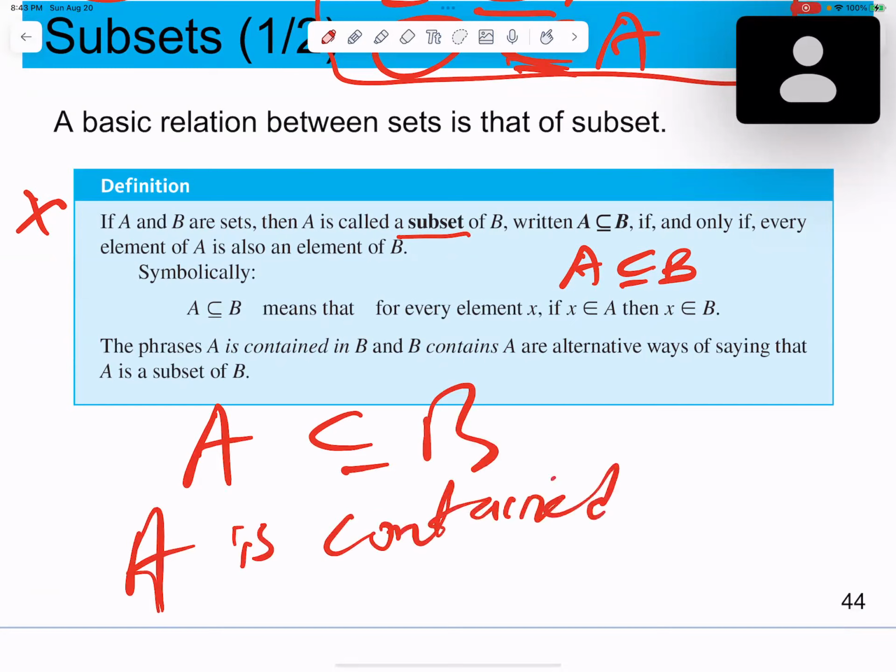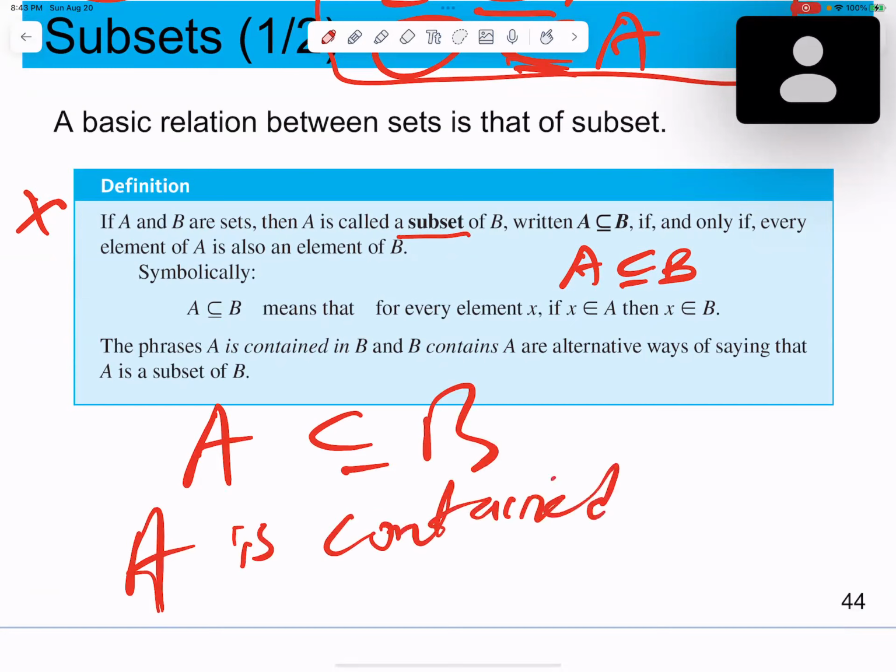Okay? So you can determine if B is a subset of A. So the answer is yes, because A here is bigger than B, right? So, wait, sorry. Oh, B is not a subset of A because B contains 0.